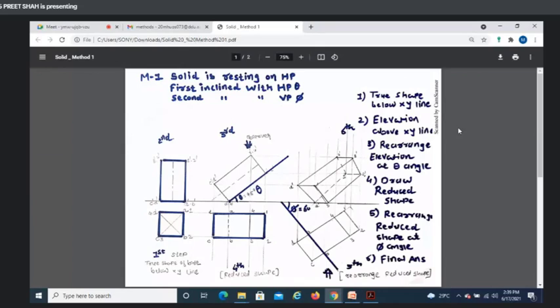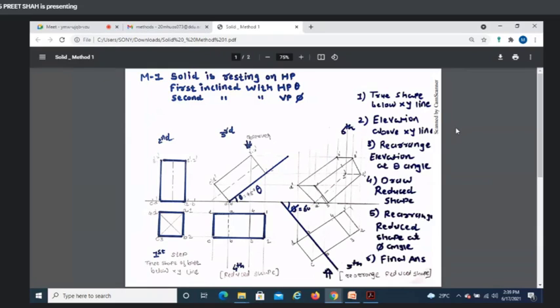Okay, now one thing, all of you, please be careful while you draw the fifth step. What will happen in the fourth step? If all the alphabets and numerals are in clockwise order, for example, if I'm given the names A, B, C, D, 1, 2, 3, 4 in a clockwise order, the same order will remain in the fifth step.